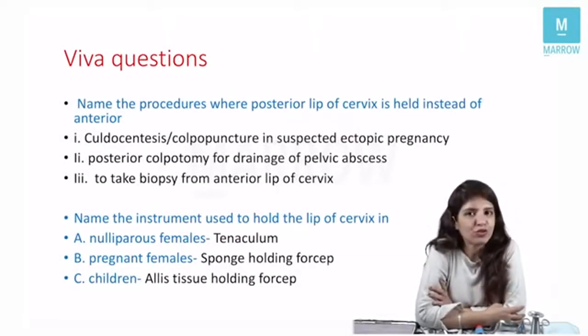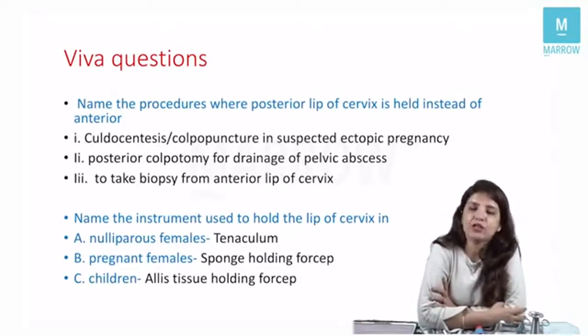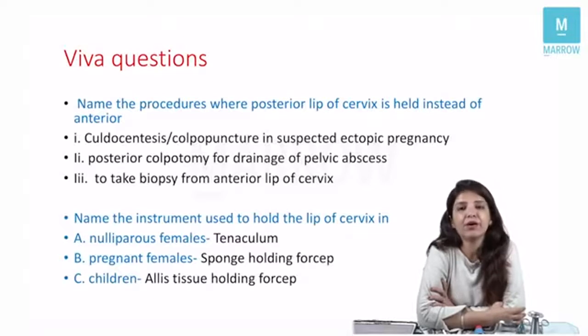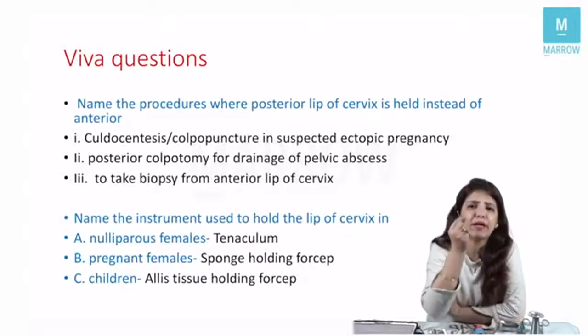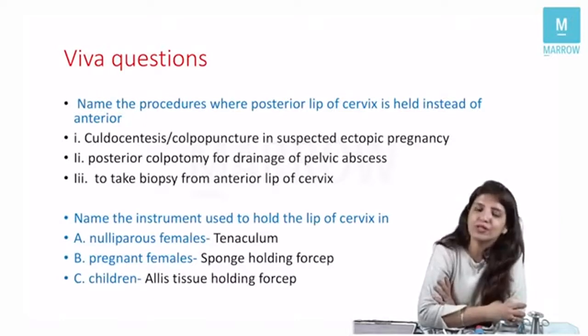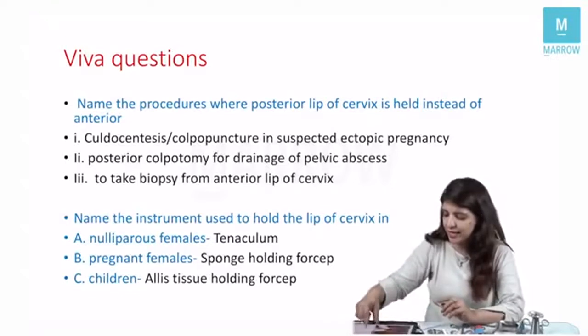Now, if you've understood this much, understand one more concept. If the non-pregnant female whom you are examining is a nulliparous female, then her external os will be pinpoint. In that case, I am going to hold the lip of the cervix by using an instrument which will have a single tooth.